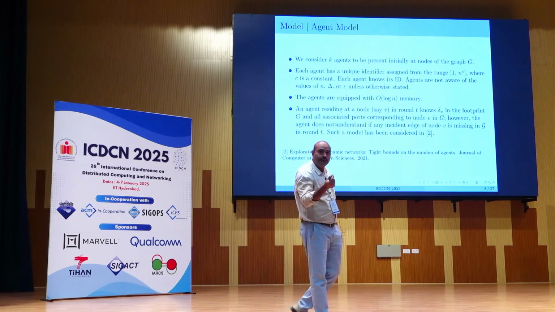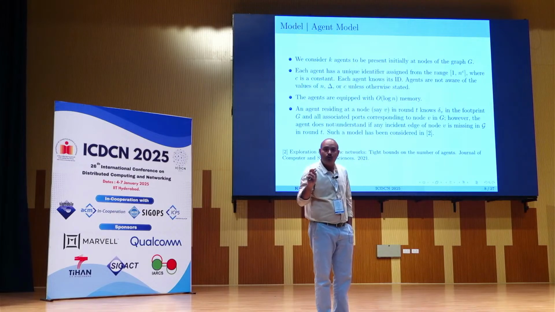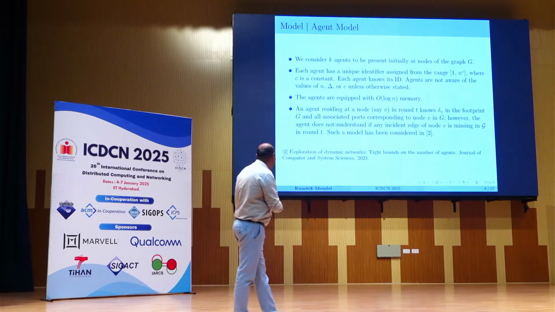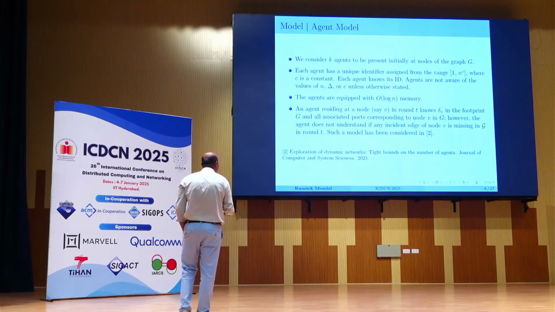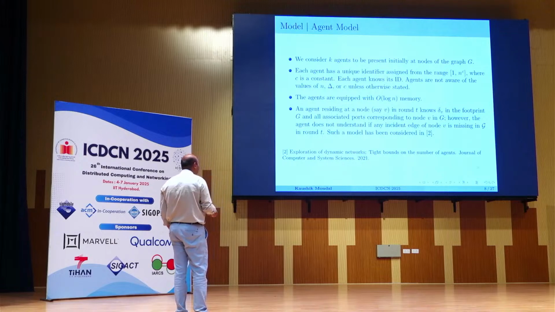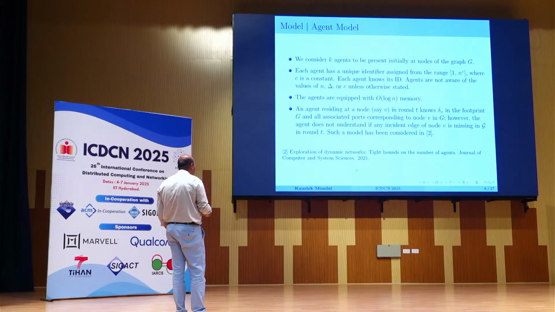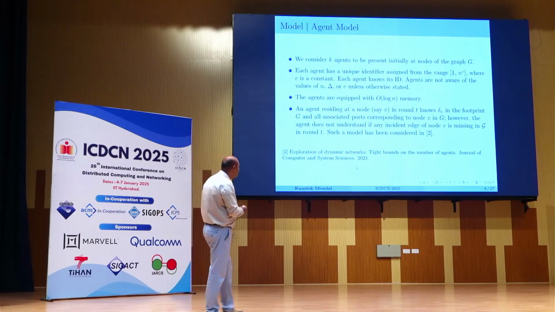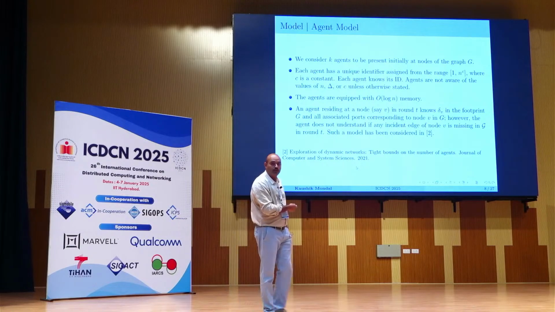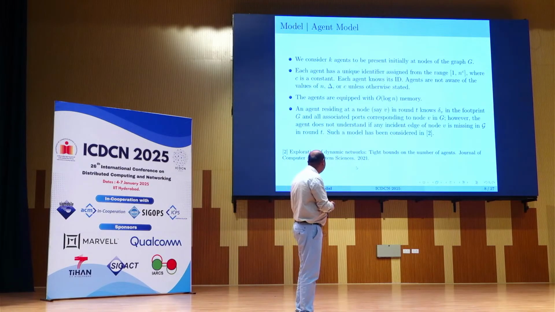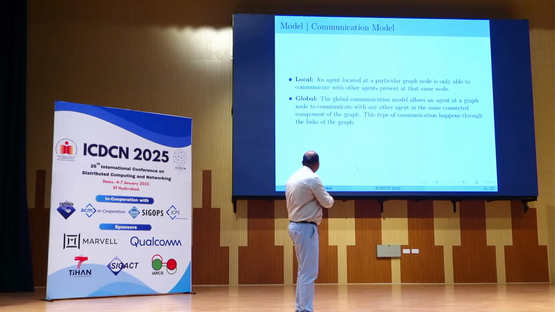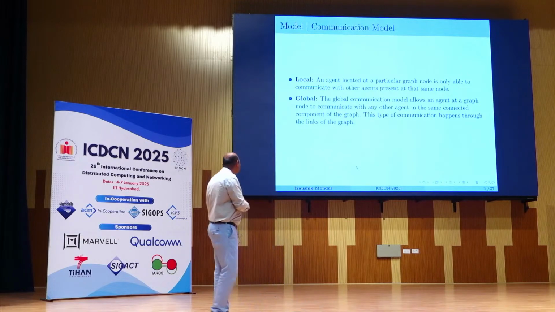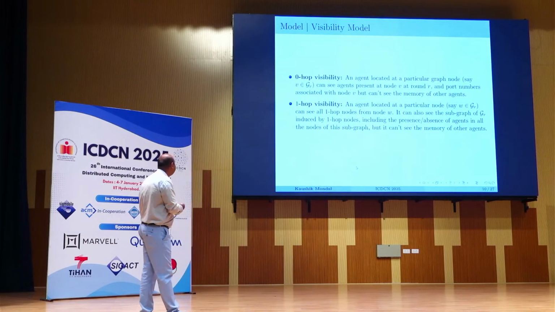So even if port 6 is deleted, I will not be able to understand that. This model is taken from the exploration of dynamic networks in the Journal of Computer and System Sciences, I think by Gotoh, Cicerone and Nicolo. And then the communication model is the same: local, global, so skipping, 0-hop visibility, 1-hop visibility.